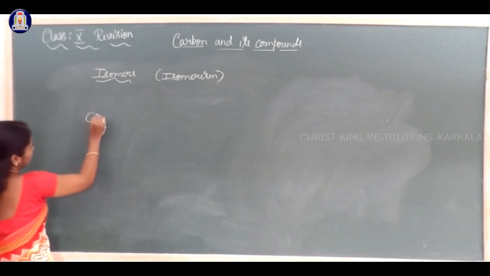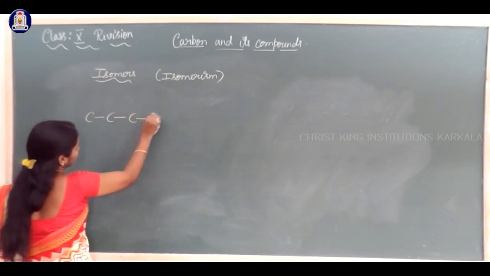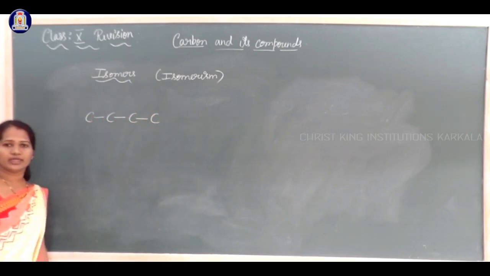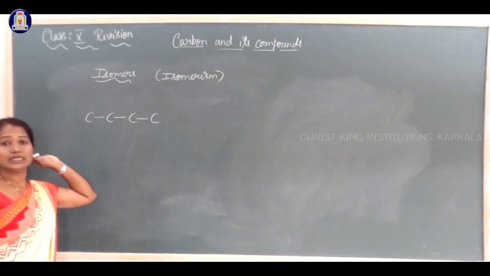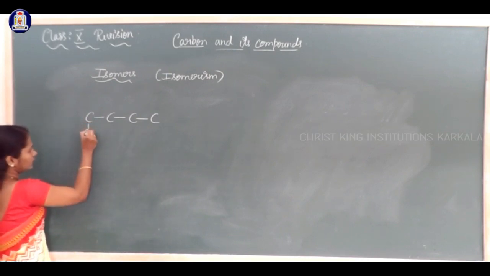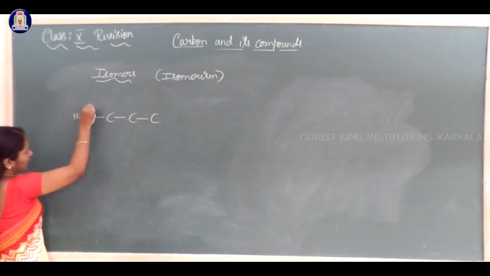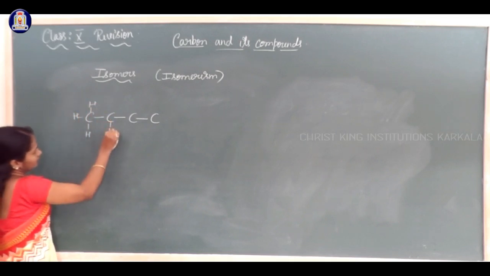The first compound which shows isomerism is butane. Butane you can write using a straight chain. Carbon atoms are bonded in a straight, linear way. Write the hydrogens for each carbon to complete its valency.